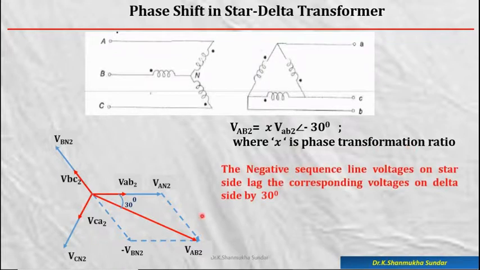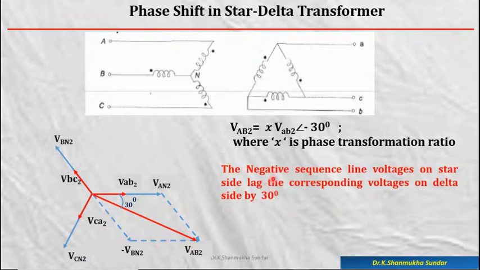So from this one what we can conclude: the negative sequence line voltage on the star side lags the corresponding line voltages on the delta side by 30 degrees. Is it clear? So when this star delta transformer is excited with positive sequence voltages, this will become reverse.